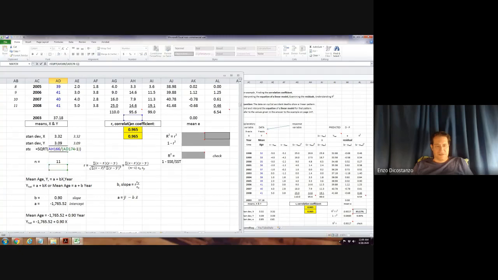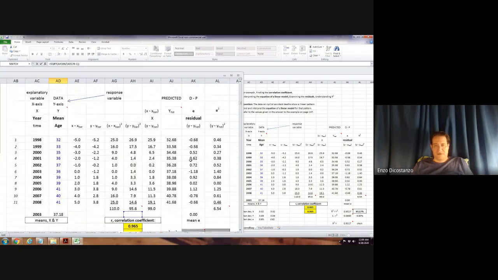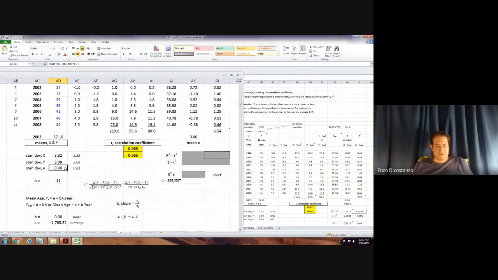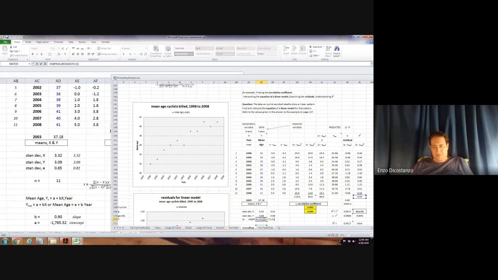So this is the square root of the sum of the residuals squared, and this is 11, and I think minus 2, though. Yeah. The square root of the ratio of the sum of the residuals squared divided by n minus 2, for 2 degrees of freedom because there's a slope and an intercept.